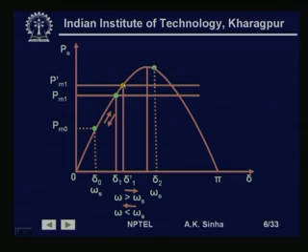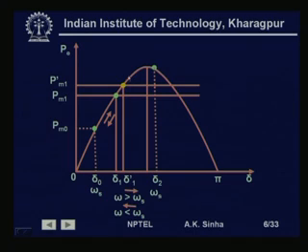When we reach this point, the electrical output is equal to the mechanical input, but as we have seen, the speed at this point will be super synchronous, a little more than the synchronous speed, so delta angle will keep on increasing.